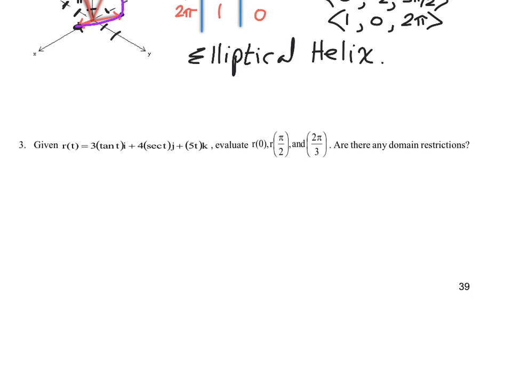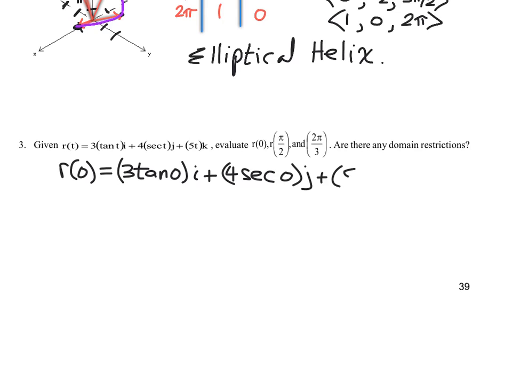So, to answer this question, first thing I would do is, well, r of 0. So 3 tan 0 i plus 4 secant 0 j plus 5 times 0 k.